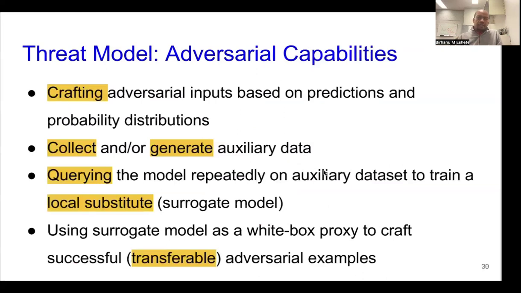And then we have capabilities. A threat model wouldn't be complete without talking about adversarial capabilities. So in this case, we're talking about things like the capability to be able to craft adversarial inputs based on predictions and probability distributions, or collecting data and generating some auxiliary data from the wild.